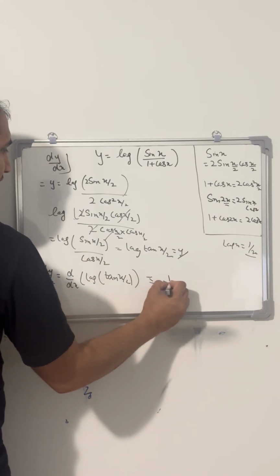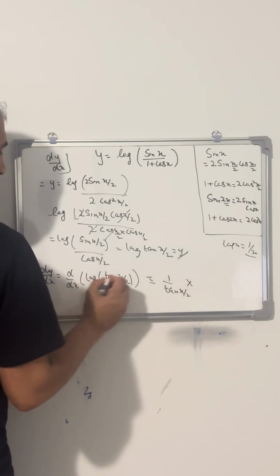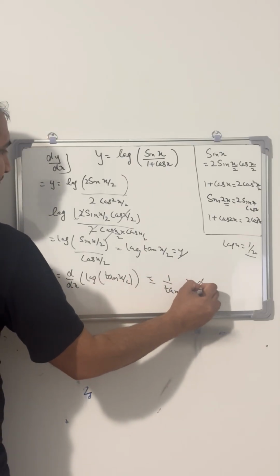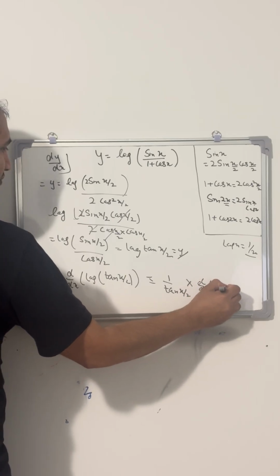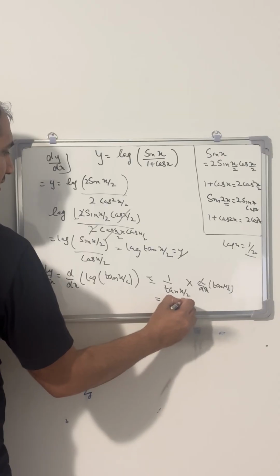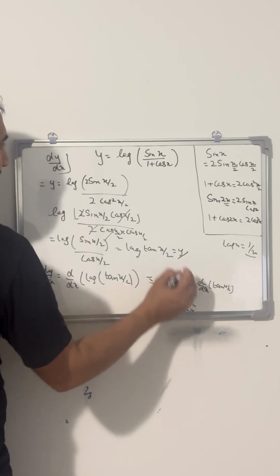So first of all 1 over tan x by 2, multiplied by the differential of tan x by 2, so this becomes sec square x by 2 over tan x by 2.